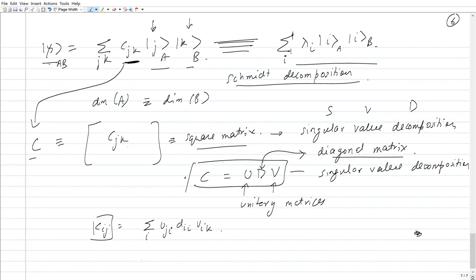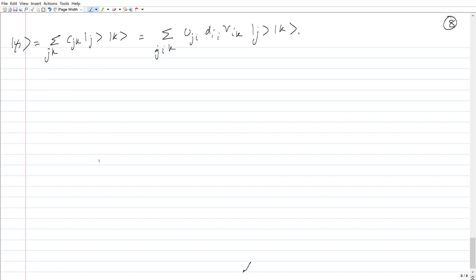So I'm just going to express my quantum state as the sum, which is just expanding the coefficient Cjk using the singular value decomposition, and now the summation of this entire quantum state psi is on j, i, and k coordinates.